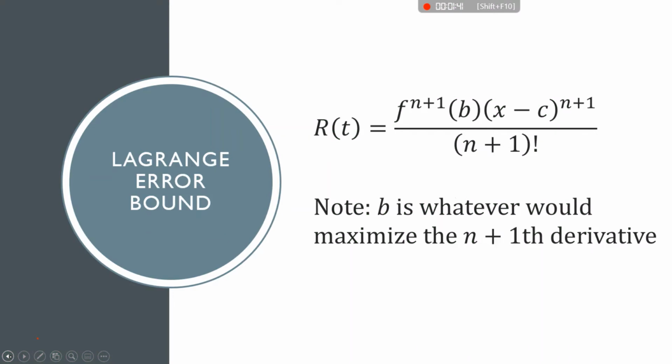But instead of centering at x equals a, I'm going to maximize whatever that n plus 1th derivative would be. So if your next term were a sine function, then I would want to maximize that term as plus or minus 1.